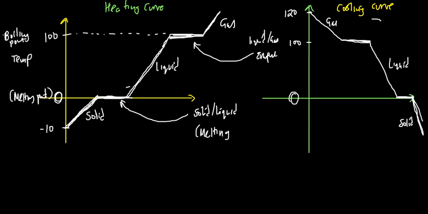So when you are converting a gas into a liquid, this is known as condensation. That's a change of state happening. You can see there is no drop in temperature when a change of state is happening. And then when you are changing your liquid into your solid, that is known as freezing.